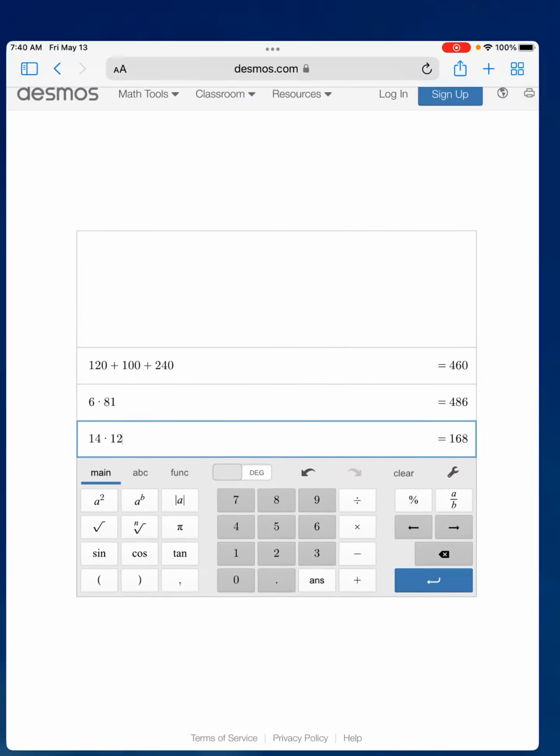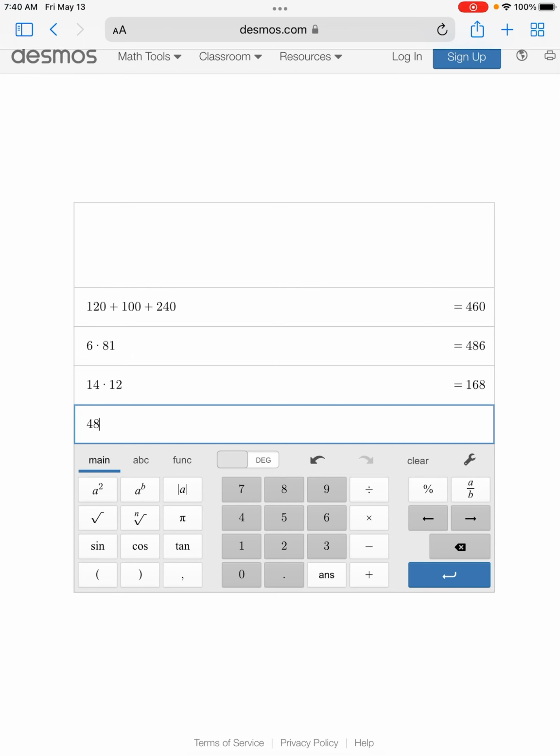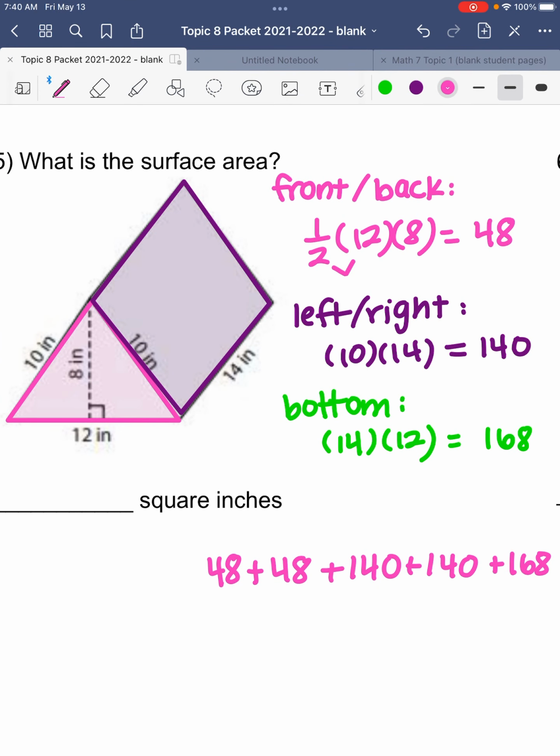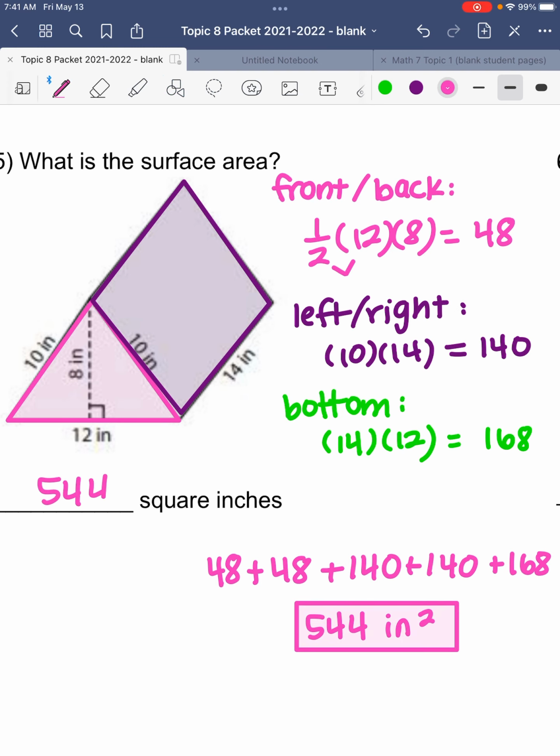So we have 48 plus 48 plus 140 plus 140 plus 168, and we get 544. So 544 square inches is our answer. And I would just write that right here, 544 square inches.